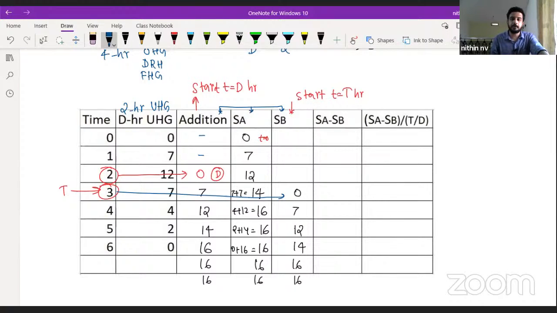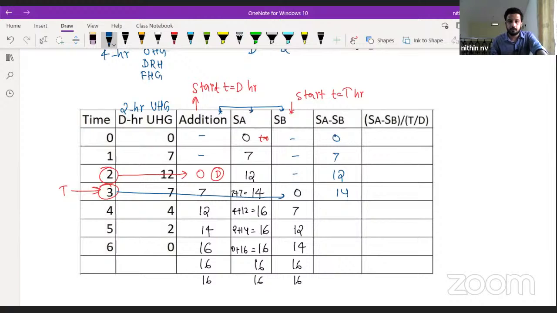Now, according to these columns, what we can do? Simply take the difference SA minus SB. So here we have nothing, 0, 7, 12, 14. Just fill it and tell me what is the peak value you are getting. Yes, please comment everyone.